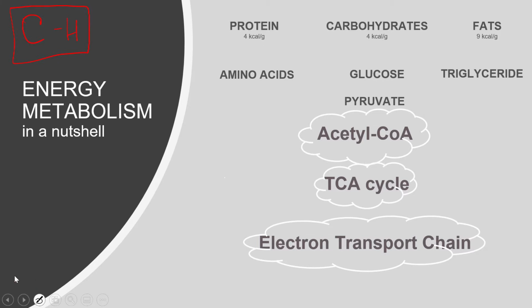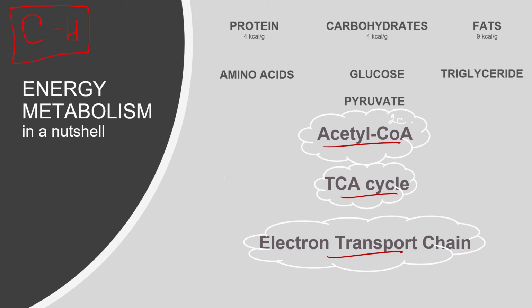Let's draw a bit. Whatever the energy yielding nutrient is, they all go through 3 basic processes. 1, 2, 3. First is conversion to acetyl-CoA. And we need to keep in mind the number of carbon molecules.